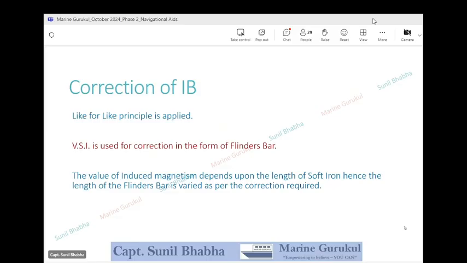So if we require a greater correction, then we use a longer Flinders bar, and in case the correction required is minute, then we can shorten the length of the Flinders bar as per our requirement. Moving ahead now.